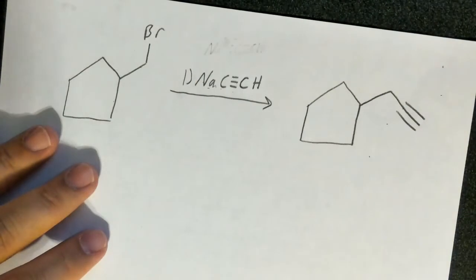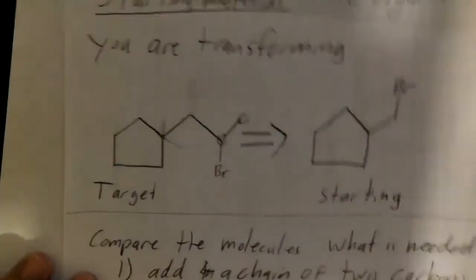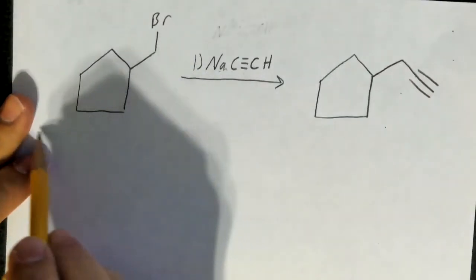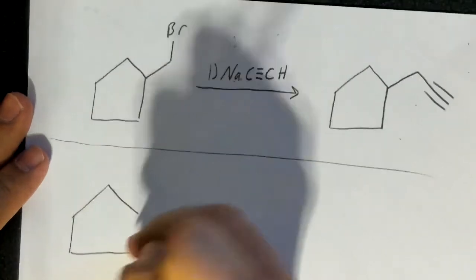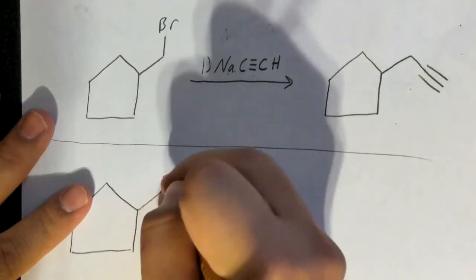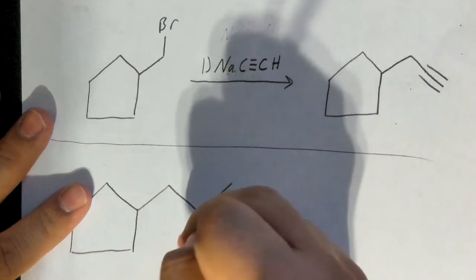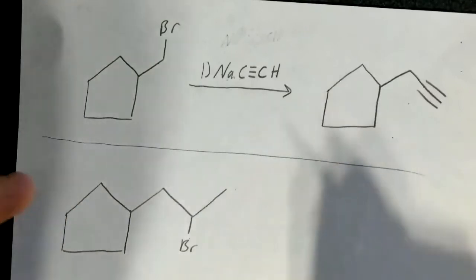The only way to add, target molecule, the only way to add 1 bromine, this is where now you can kind of think backwards. So I'm going to take a break from this, and we're going to think backwards. We're going to start with our target molecule, because we know there's something missing between these 2 stages. And our target molecule has a bromine here. How do we add a bromine to 2 carbons if it wasn't there before?